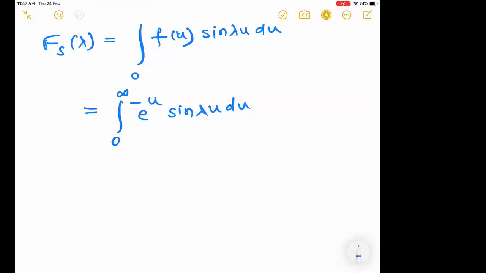Ma'am, is it lambda upon 1 plus lambda square? Yes, very good, perfectly correct. It is lambda upon 1 plus lambda square because the answer is given. Show that, so the answer is available with you, only thing is you require it in that form.